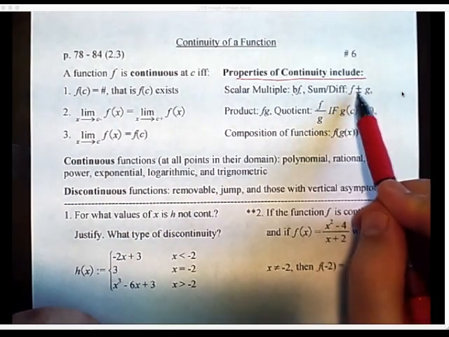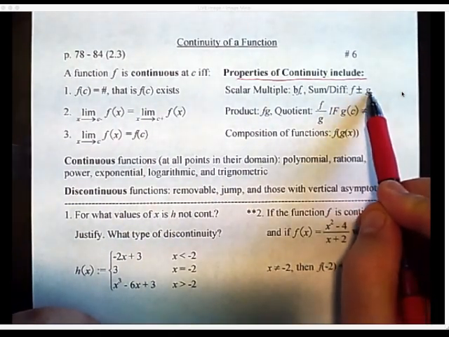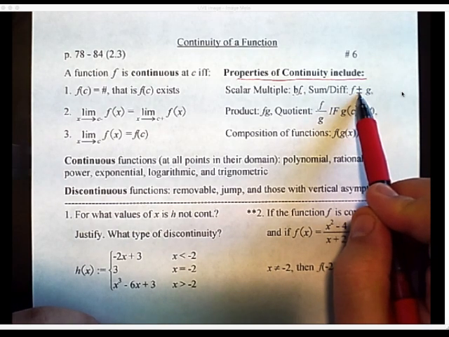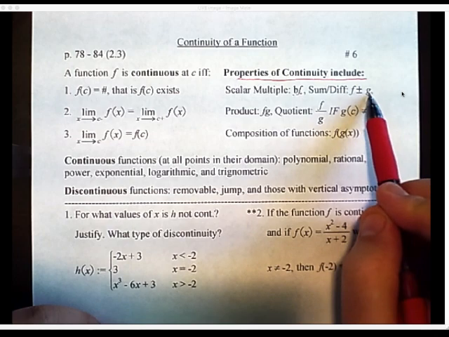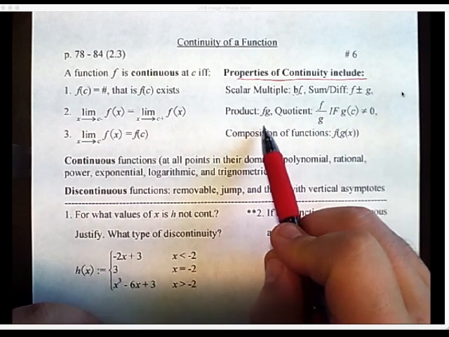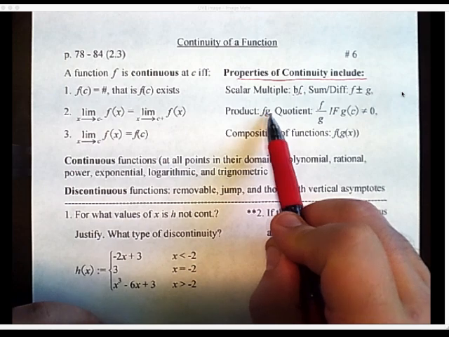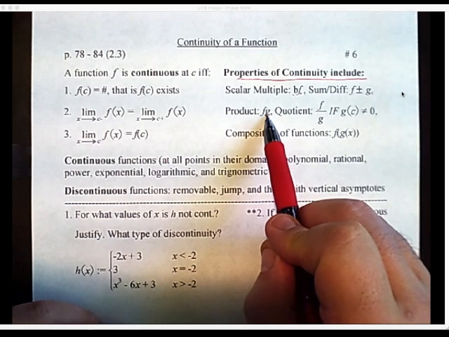If you have two functions f and g, and both of those are continuous, then when you add or subtract those functions, the sum or the difference would also be continuous. Same thing with a product. If f is continuous and the function g is continuous, if you multiply them, they're going to be continuous everywhere.